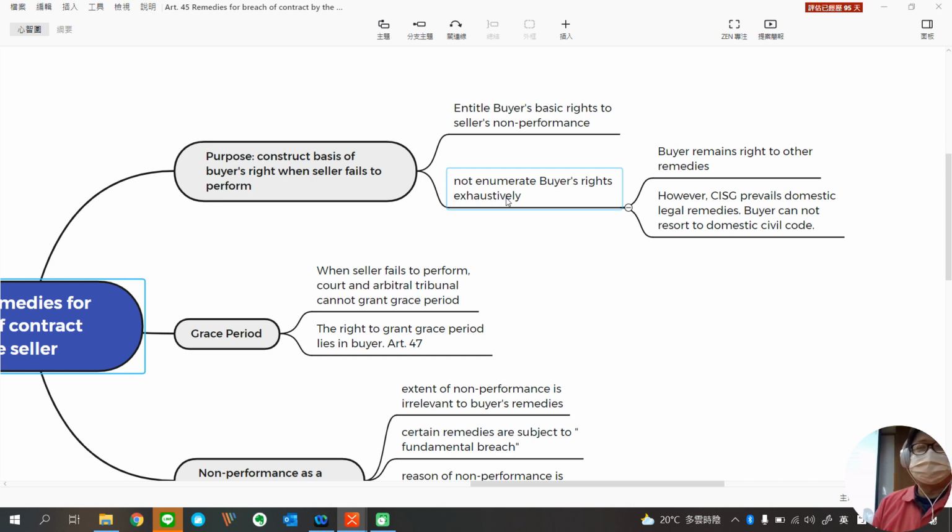So the buyer retains the right to other remedies.